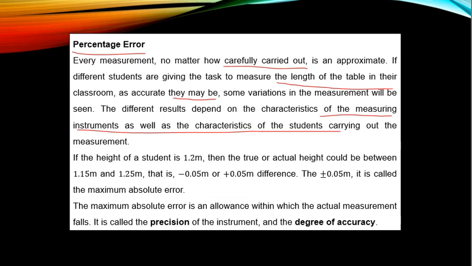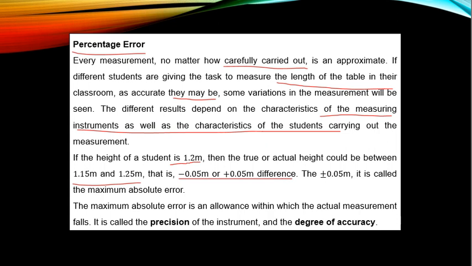All right, if the height of a student is 1.2 meters, for instance, then the true or actual height could be between 1.15 meters and 1.25 meters. That is minus 0.05 meters or plus 0.05 meters.